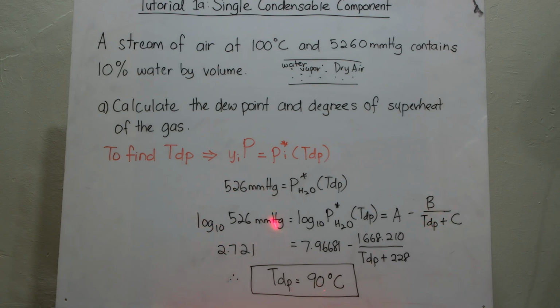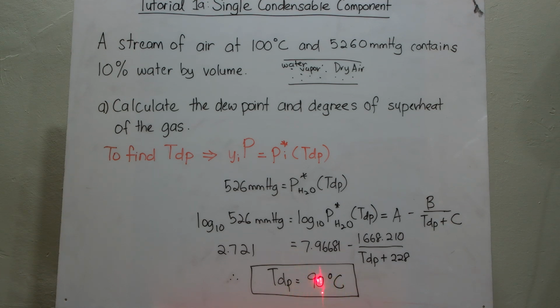After we take log 10, we get the value 2.721, equivalent to this. This is the A constant from the table before, this is the B constant, C constant, and TDP you leave unknown because you need to find this. So you solve this calculation, and you obtain TDP, the T dew point, at 90 degrees C.